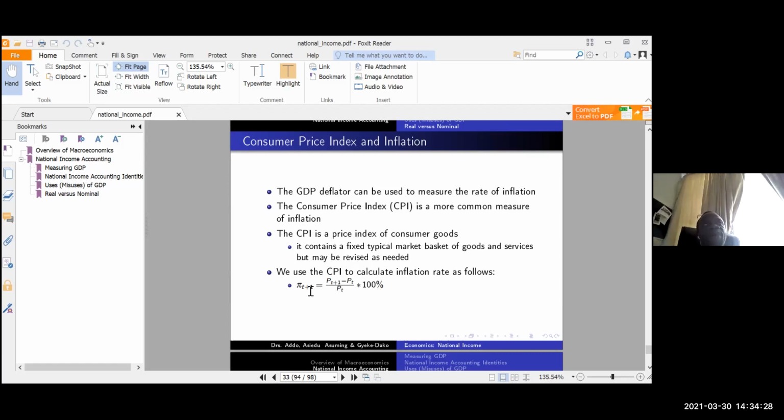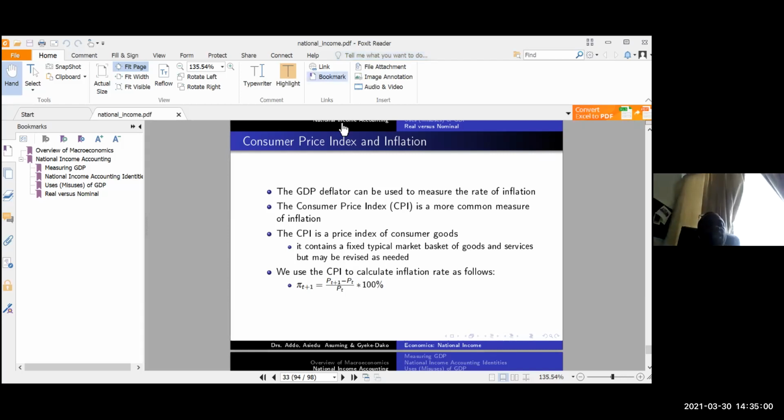If t is 2021, then t plus 1 will be 2022. So what will be inflation in 2022? It will be the price level in 2022 minus the price level in 2021, divided by the price level in 2021.